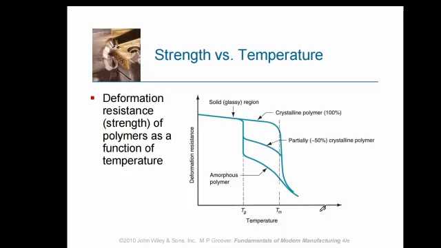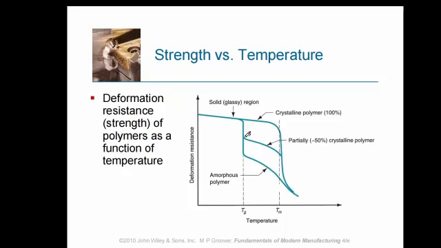And here is a diagram trying to show the relationship between temperature and deformation resistance of a polymer. As we can see, as we increase temperature, the resistance to deformation for crystalline polymers is a bit constant at first, but if you continue increasing temperature, the resistance falls sharply.